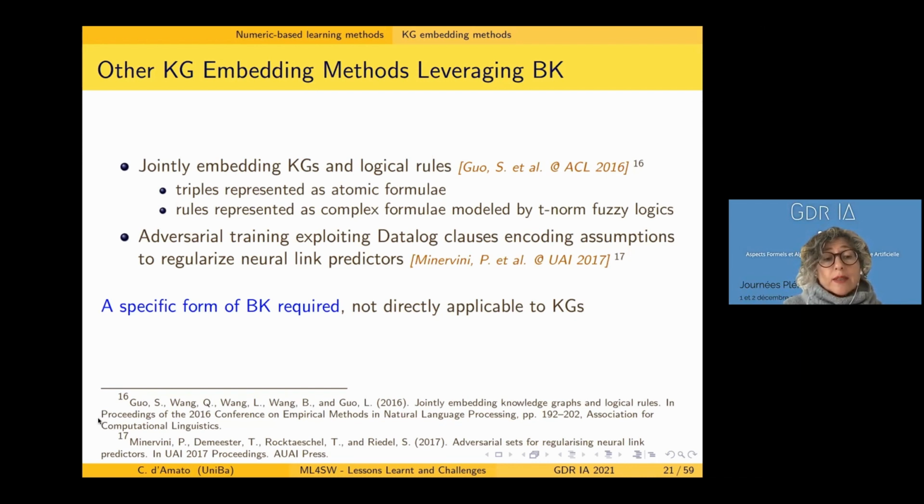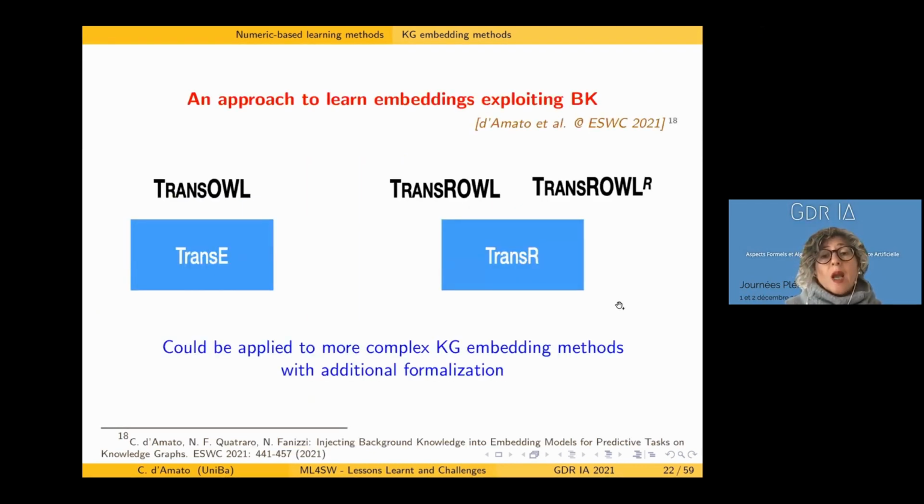The main point is that these models exploit additional sources of information for training the knowledge graph embedding methods, such as Datalog clauses or logical rules. So as such, they are not directly applicable to an existing knowledge graph, because additional sources of knowledge are required.